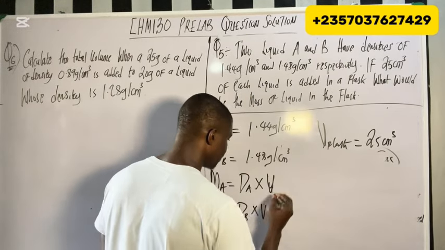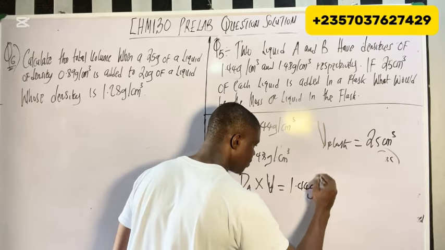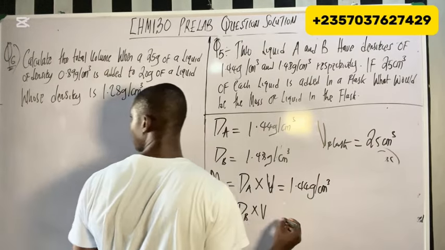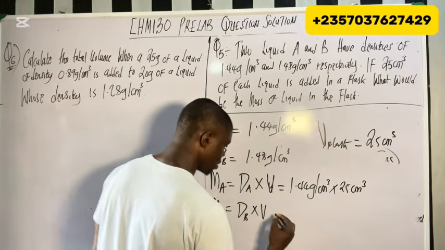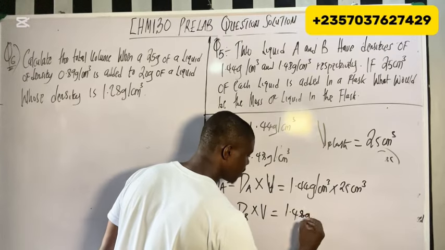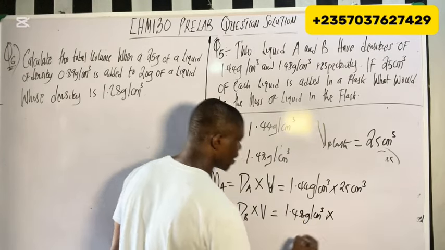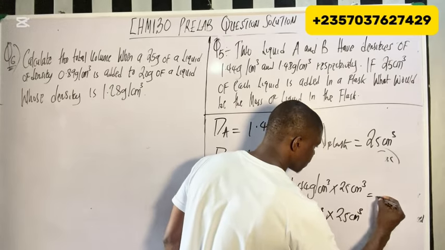I want to get density, which is going to be 1.44 gram per cm cube times 25 cm cube, right? Same thing here, 1.48 gram per cm cube times 25 cm cube. Is it okay?